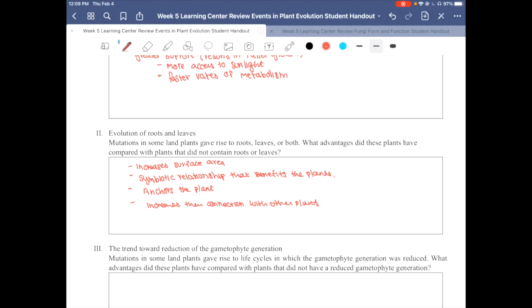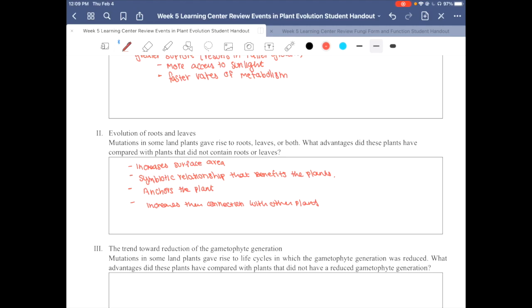So what about leaves? We've been talking about roots, so what about leaves? So I see two answers so far.